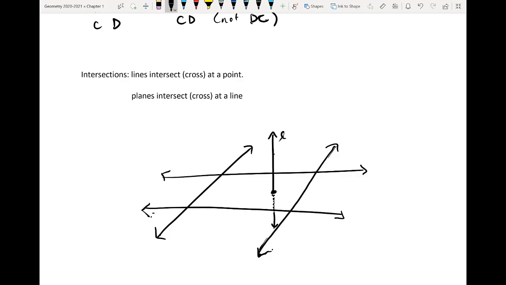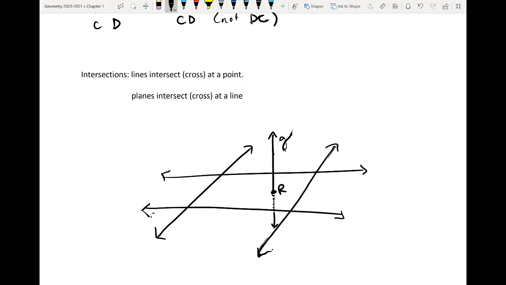Okay, it doesn't always have to be line L. I could, for example, name this line G. Okay, so it's a cursive line G. And then this point I could call point R, so capital R. Okay.